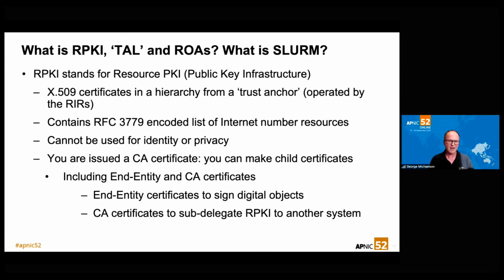But in RPKI, we give out certificates that can be used as CAs to make other certificates. We do this all the time. We actually encourage you to make more CAs and to operate them, and to use these CA certificates that we give you to make things that are provable in RPKI. We do also have EE certificates, and we use them to sign objects like the ROA.